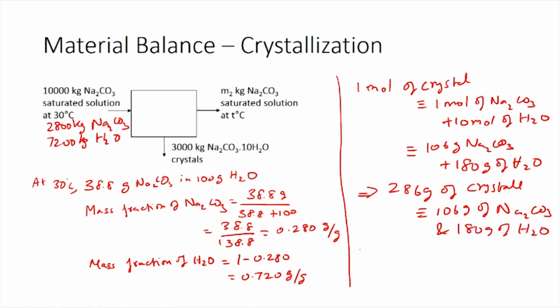So, the mass fraction of Na2CO3 in the crystals would be equal to 106 divided by 286, which is 0.371.